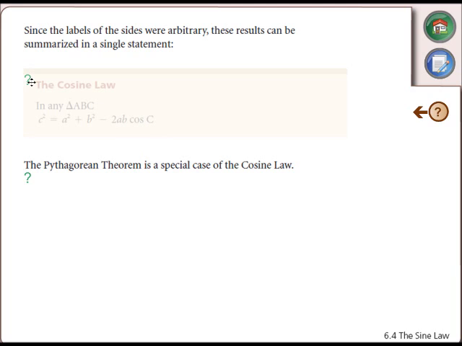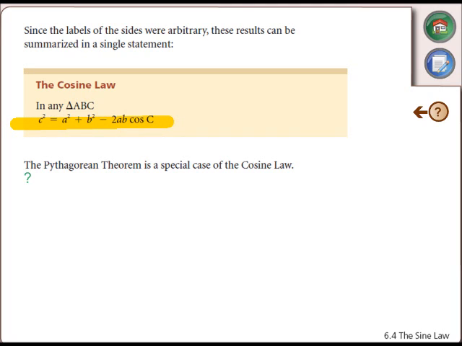So the key here, the side which we're talking about, they're arbitrary. This is the formula that we're going to be using. c squared equals a squared plus b squared minus 2ab cos of C. And again, in class, I'm going to show where it comes from. We're going to derive it. We're going to develop that whole formula.